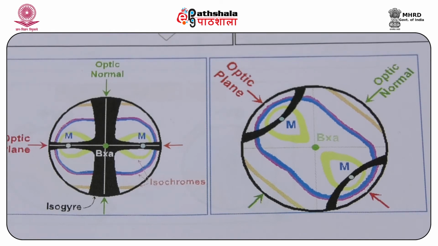The positions of the melatopes are marked by narrowing of the isogyres. If the optic plane is rotated away from the east-west, the cross-shaped isogyre splits into two separate segments that will appear to pivot around the melatopes.